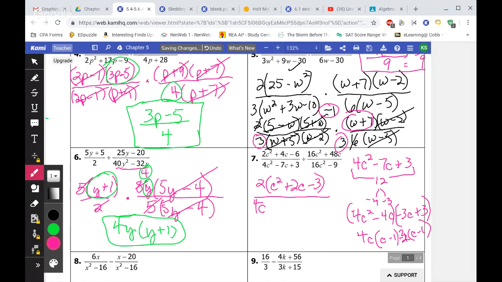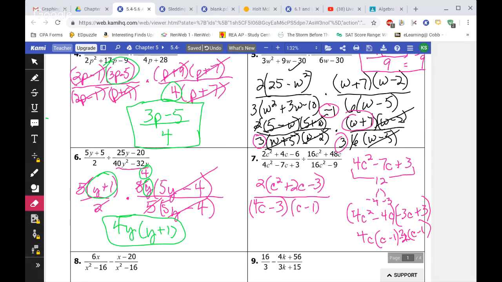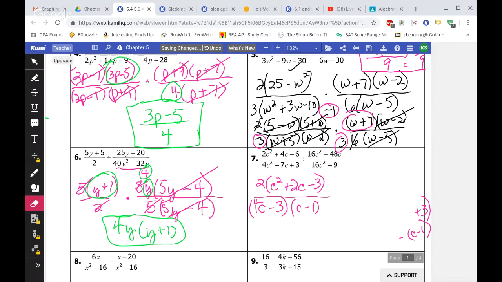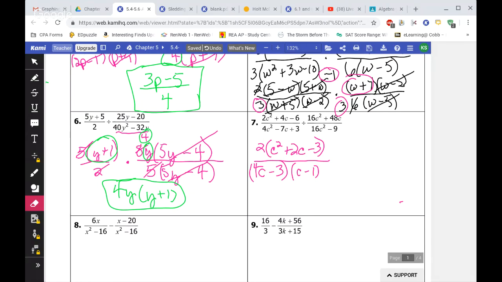I knew I did something wrong. 4c minus 3 times c minus 1. Did you follow that even with my error? Yeah. Okay. All right. Am I okay to erase the side work on that? Yes. Okay. Let's see. And then we'll change the division to multiplication. And we'll flip that last fraction into its reciprocal.